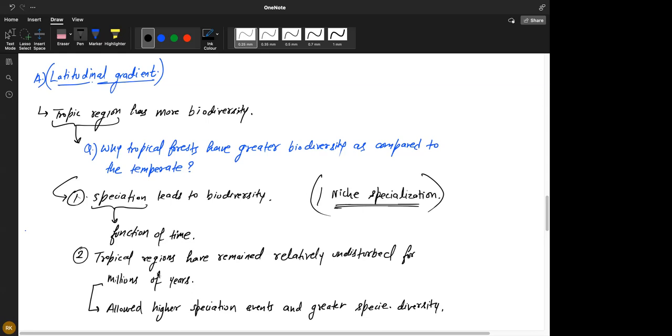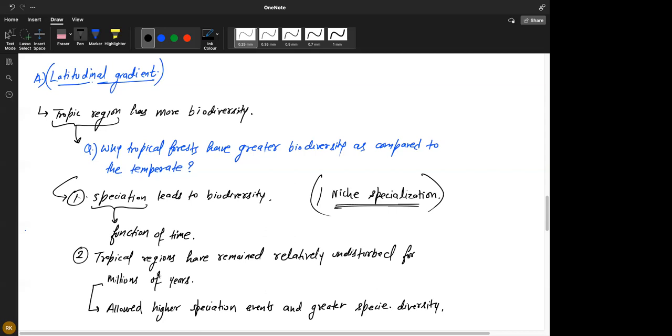In general, the productivity of the ecosystem, about which we studied, right? We studied productivity, decomposition, gross productivity, net productivity. Remember that, people? Yes, sir. So overall, the gross and the net productivity in tropical ecosystems is higher.